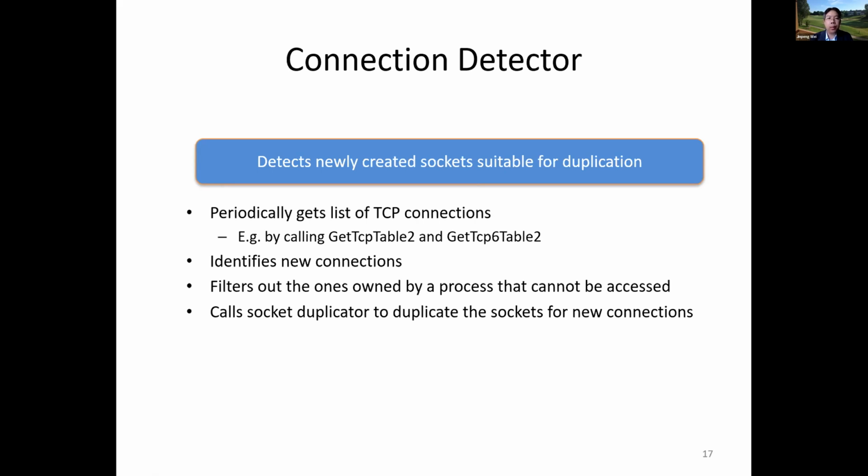Then it tries to recognize what kind of protocol each one uses, picks those protocols, and filters out the connections that are owned by privileged processes, because remember that ShadowMove just runs under normal user privilege. As a result, it cannot duplicate a socket owned by a privileged process. After this filtering, it calls the socket duplicator to duplicate the sockets.